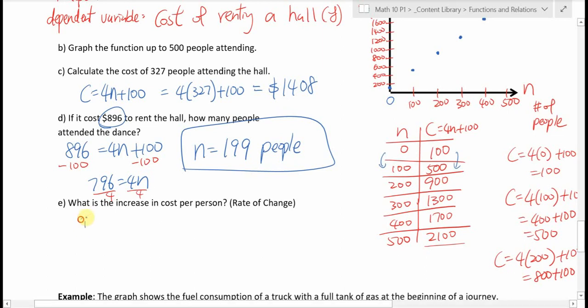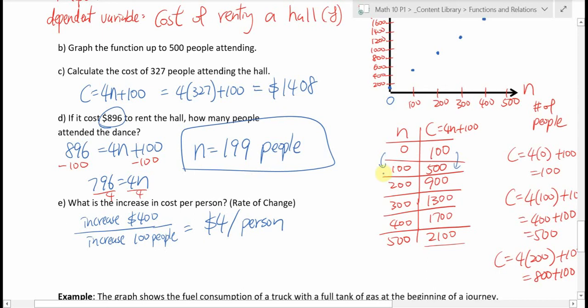You increase $400 when you increase 100 people. Therefore, the increase in cost per person would be $4 per person, right? Because 400 divided by 100 is $4 per person.